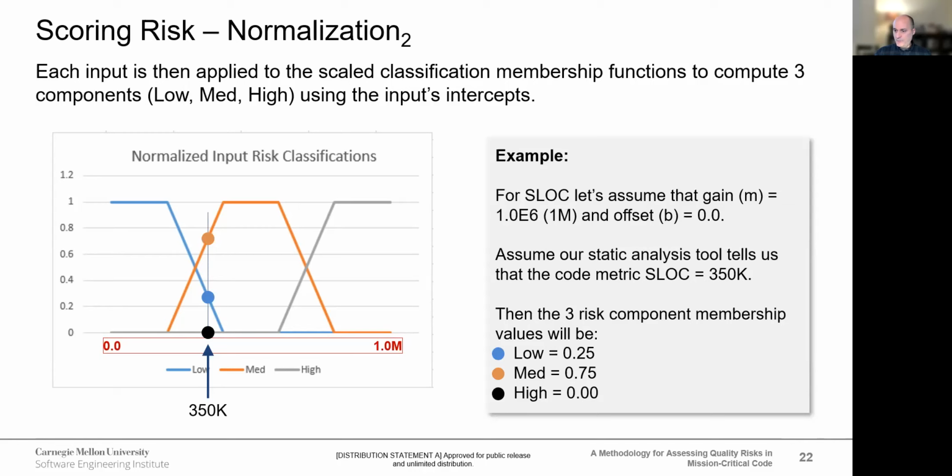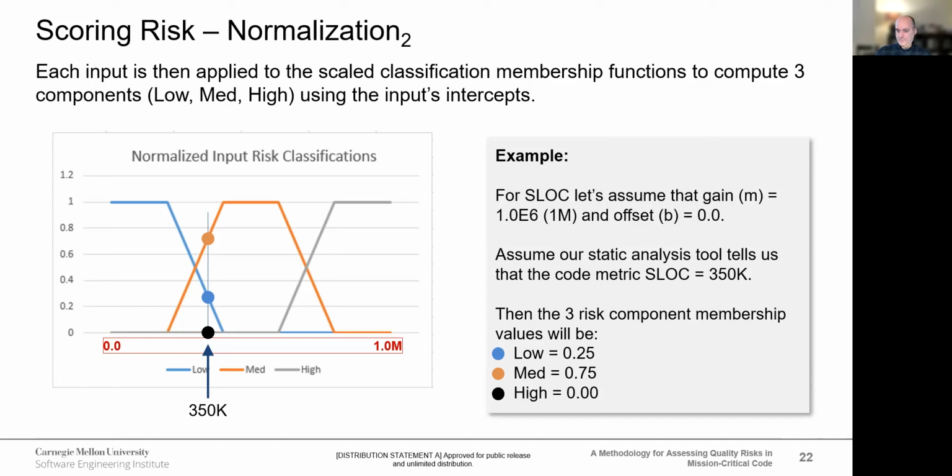When the analyst enters an answer within CREW, it's applied to this scaled risk membership function to compute the low, medium, and high components of risk. For example, let's look at the SLOC, or source lines of code, question.